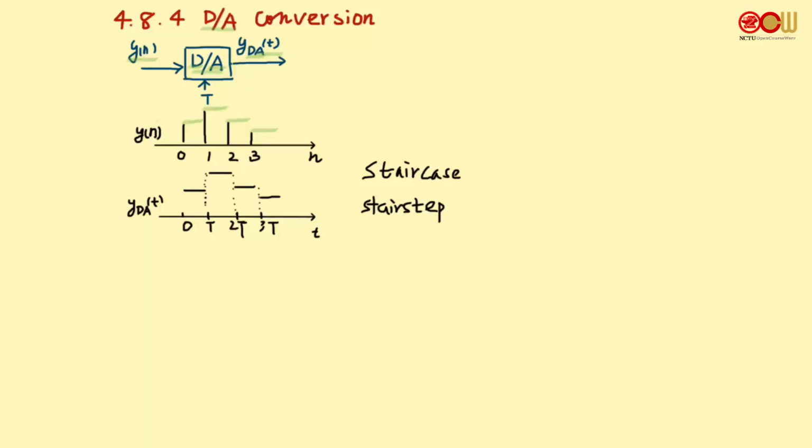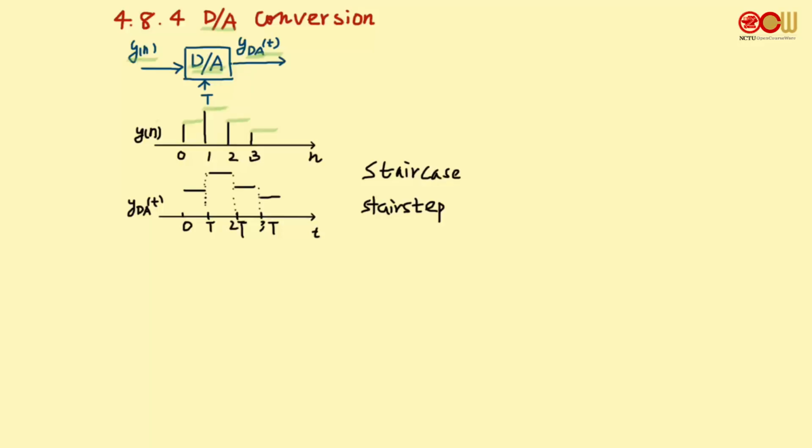No, usually it looks more like a smooth curve. So the output of the D2A converter is not what we want from an ideal reconstruction filter. So what can we do?